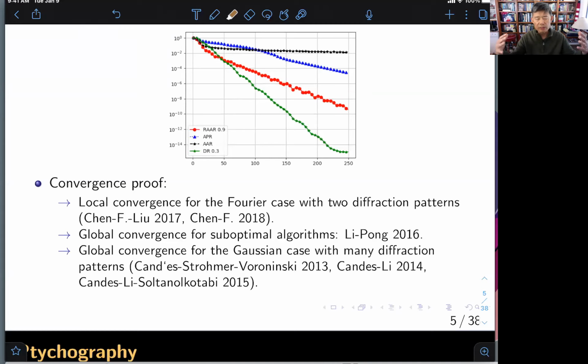Those theories usually do not say that the stationary point is the true object, because that's not usually what the optimization technology is trying to address. When they apply that methodology to an inverse problem, they don't necessarily address whether the stationary point it converges to is the true object.